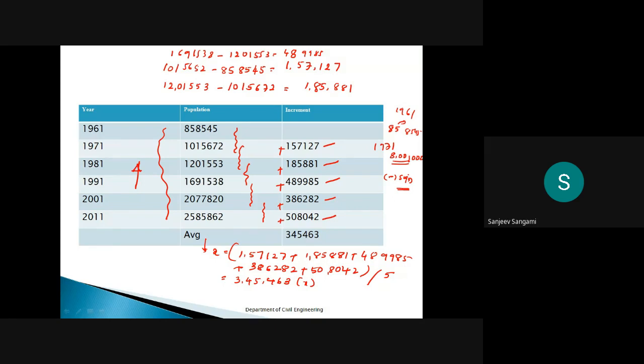You should be very careful about that whenever you are taking the average.